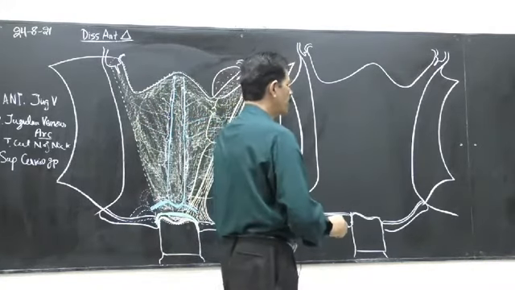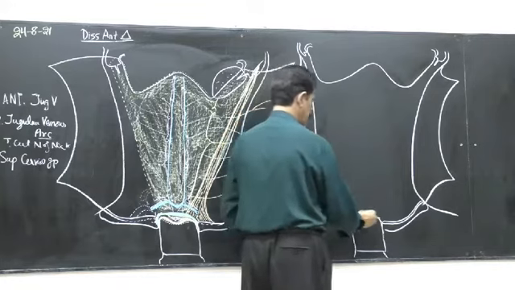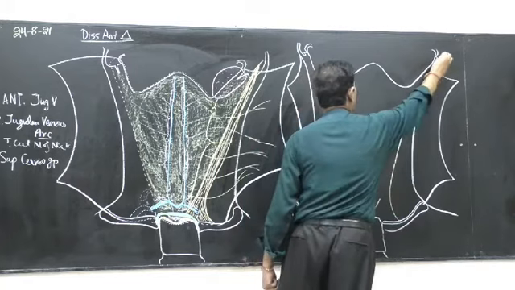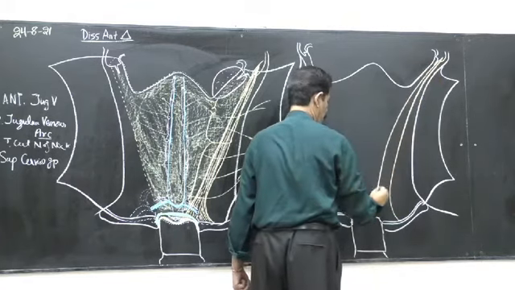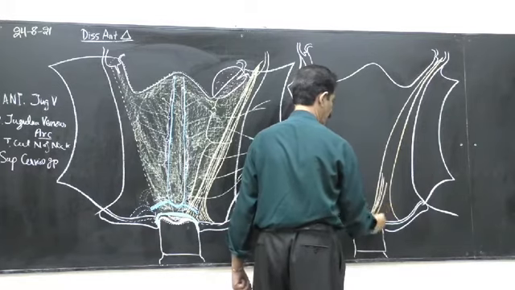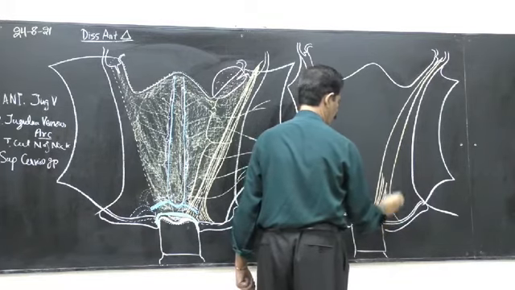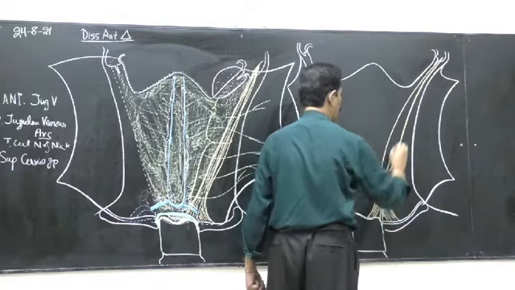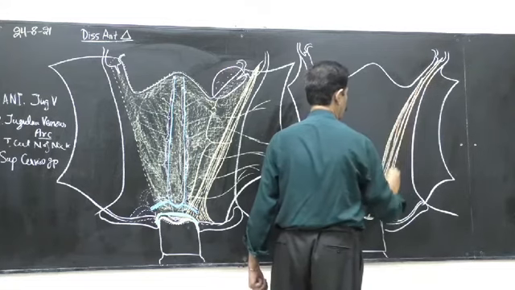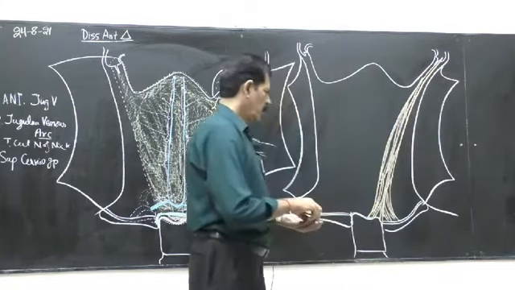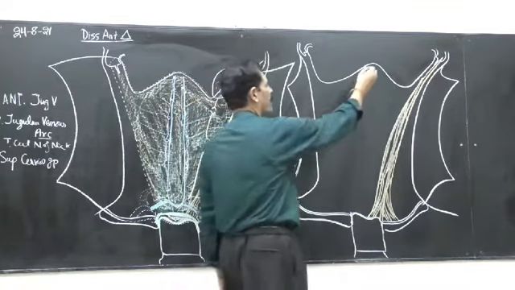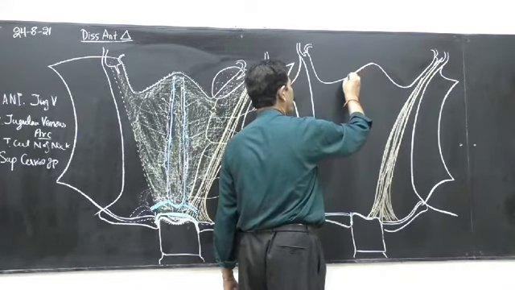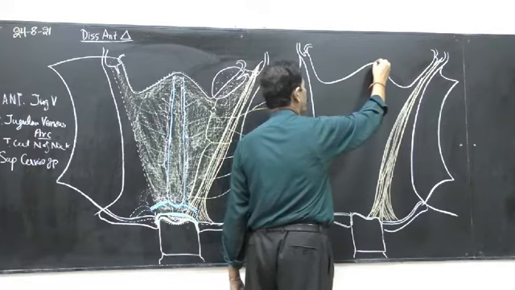So here is the attachment, plus the sternocleidomastoid muscle is visible here, lying below the deep fascia. So this is the inferior attachment; superiorly it is attached to the lower border of the body of the mandible. This is also called the base of the mandible. Base of the mandible here.